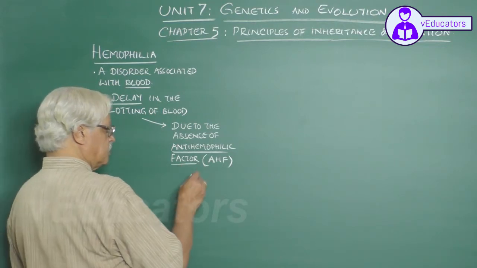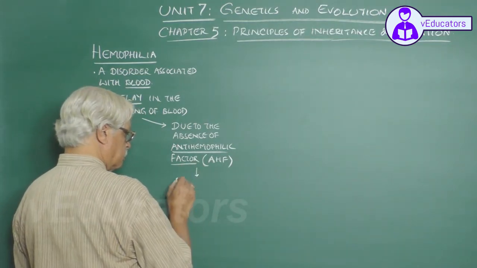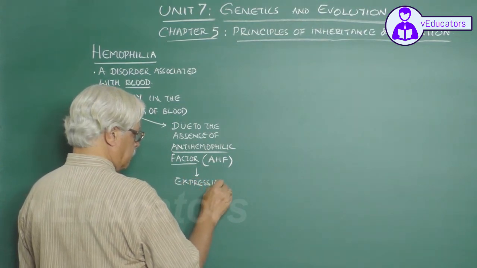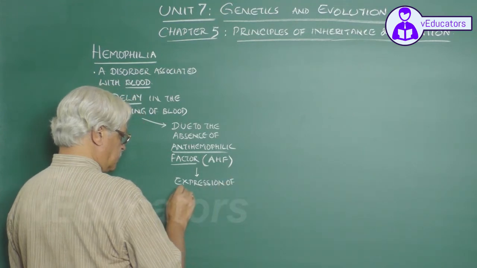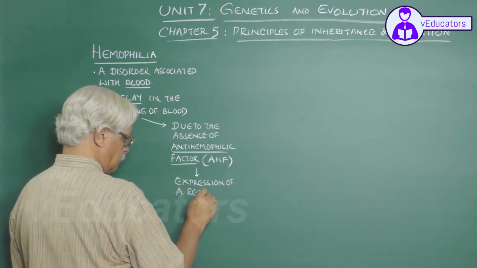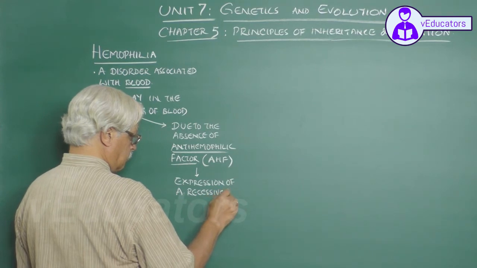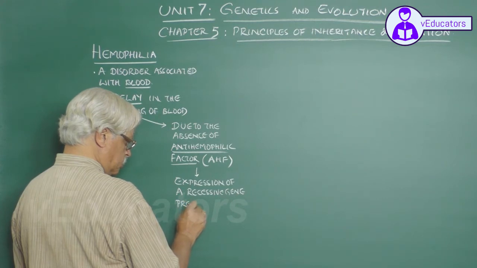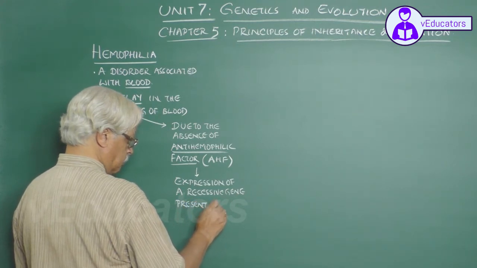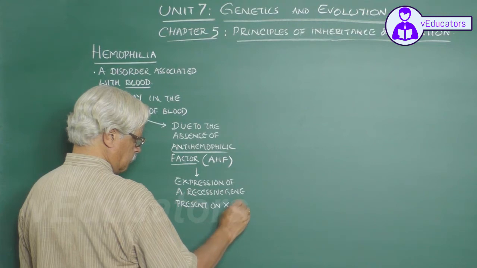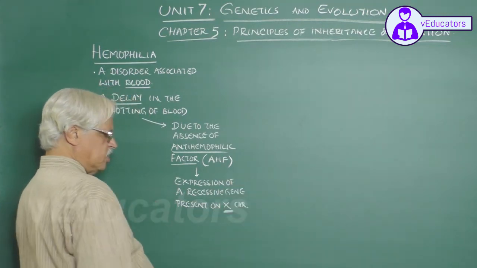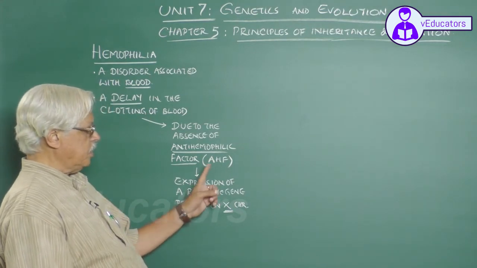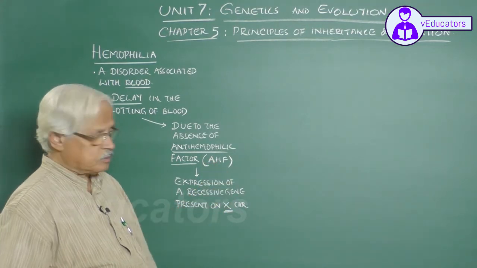The absence of AHF is the result of the expression of a recessive gene. So when the recessive gene present on the X chromosome expresses, anti-hemophilic factor is not produced.